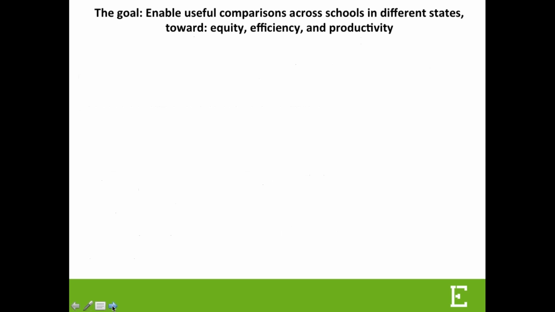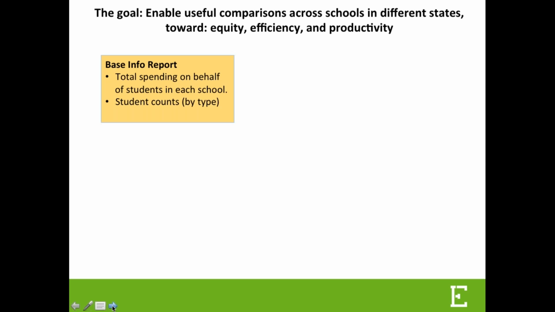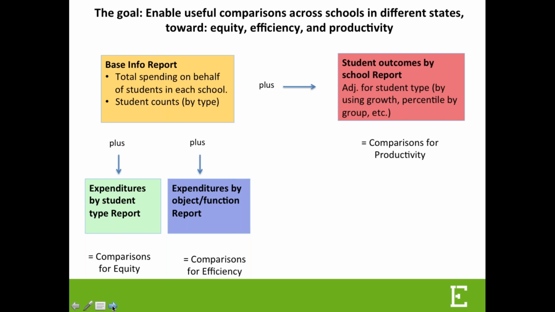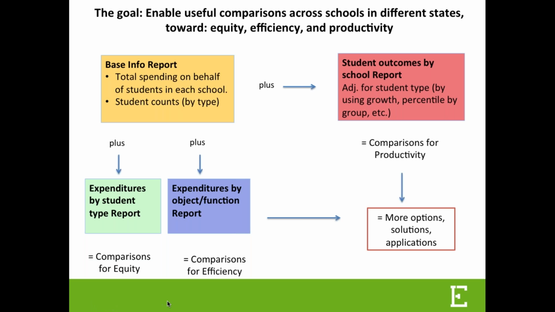You may remember, we had these buckets of data that you could include. You had this baseline information, but if you wanted to put in expenditures by student type or report that could enrich equity, you could add expenditures by object or function. That helps you with efficiency, those kinds of trade-off questions. You add in student outcomes data, and that's when you're able to get comparisons that inform productivity or drive productivity improvements.